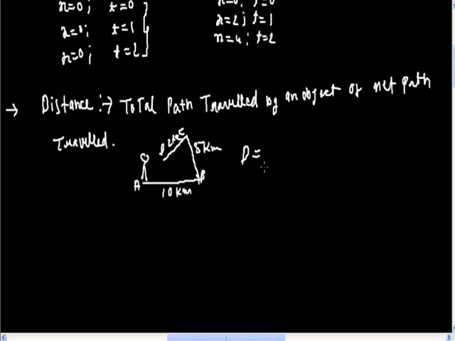The distance is the net path traveled: 10 km A to B, 5 B to C, 2 C to D. That is, the total path traveled is 17 km. This is called distance.